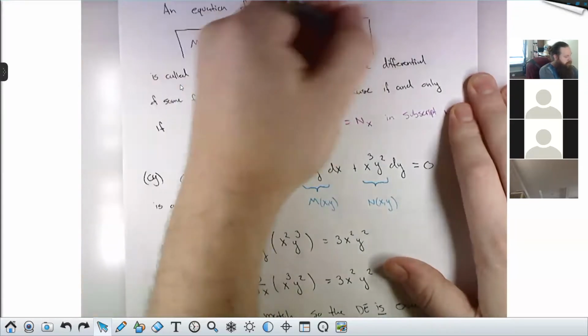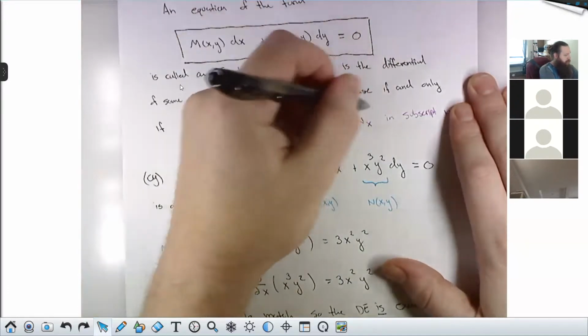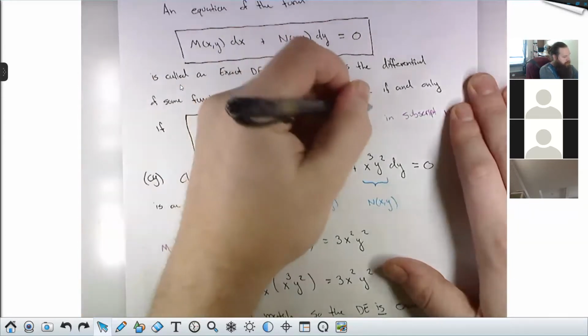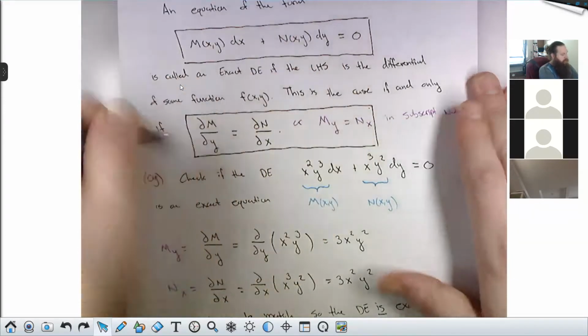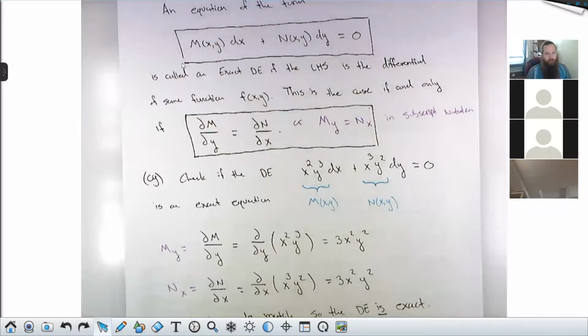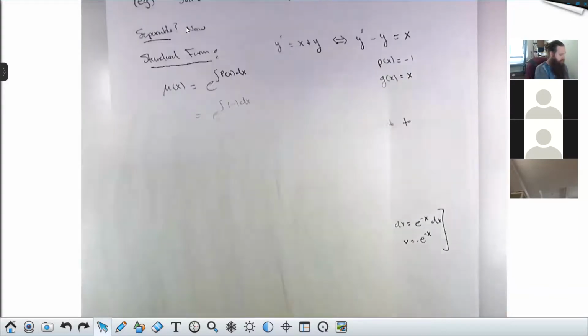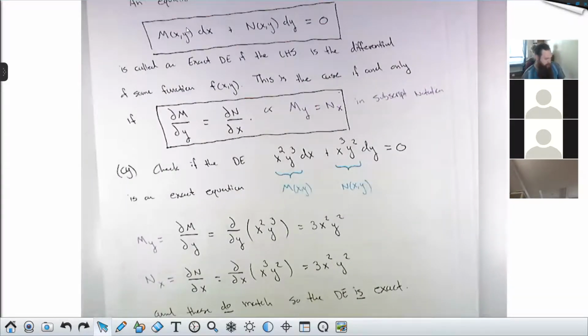Important stuff here. Make sure that your notes are clear. And the big idea is that if this condition is satisfied, then I can really trust that this is df dx, and that the other one really is df dy. We've got plenty of time. Let's take a look.